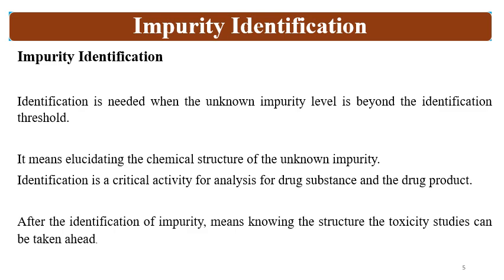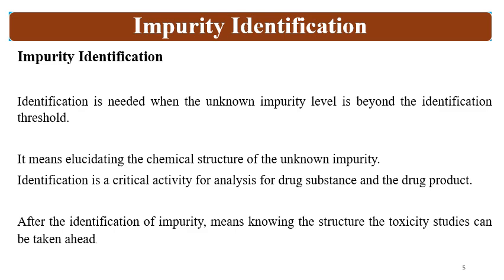Identification means elucidating the chemical structure of unknown impurity, and identification of the impurity is a very tedious, time consuming and critical activity for analysis of the drug substance and the drug product. Once you identify the impurity, you can say that I have done the identification, and now the impurity structure is known.